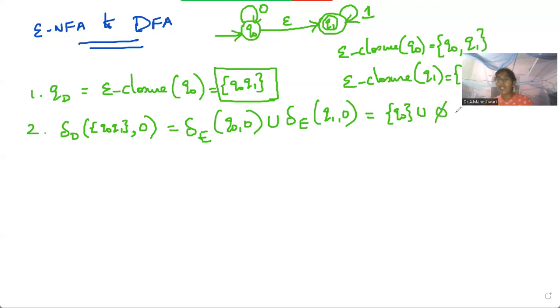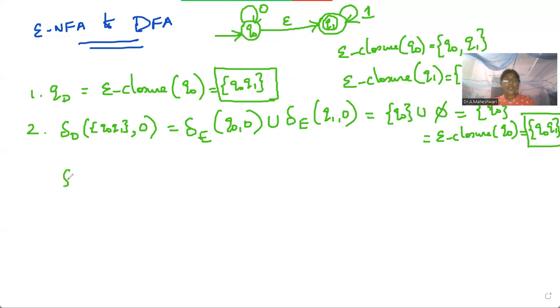After calculating this function, how do you apply E closure to this state? This is equal to E closure of Q0. We already completed that, right? The output is Q0, Q1. You can write that here. So one input symbol is over.